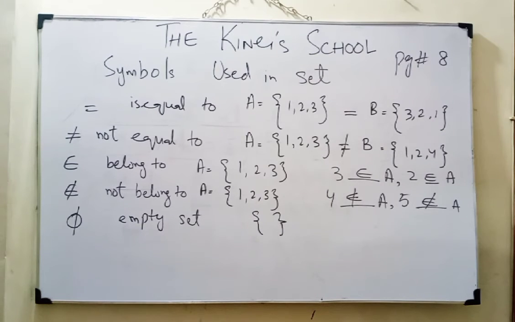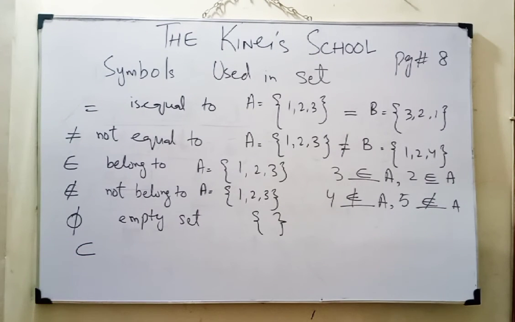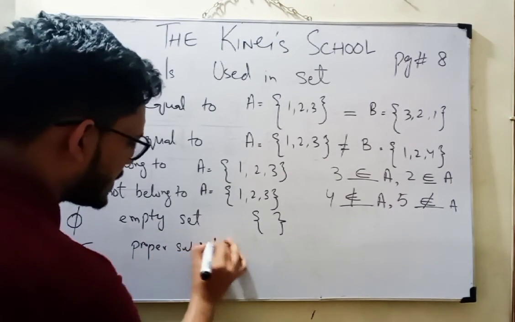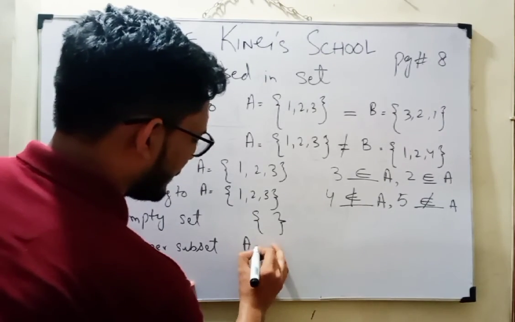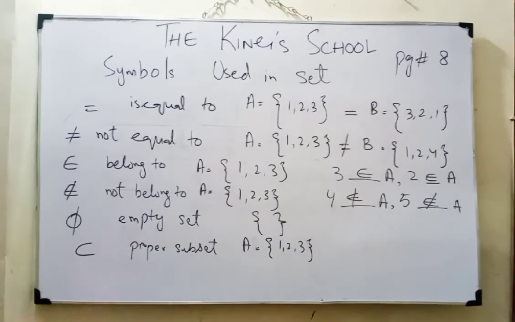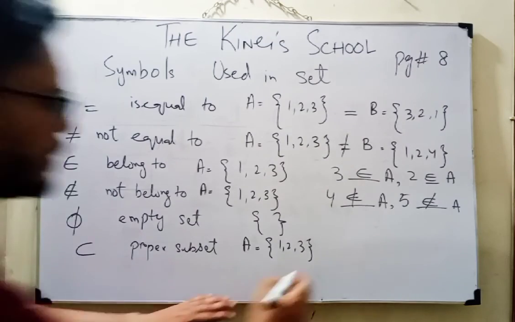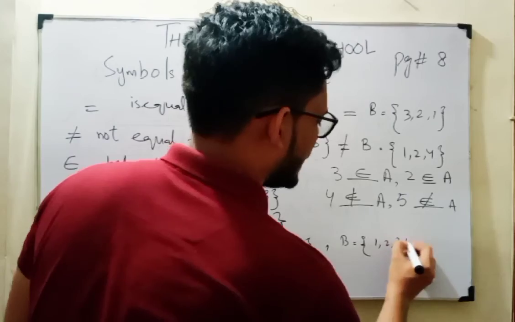Now the sixth one is this C sign. This represents a proper subset. For example, A is 1, 2, 3 and B is 1, 2, 3 and 4.